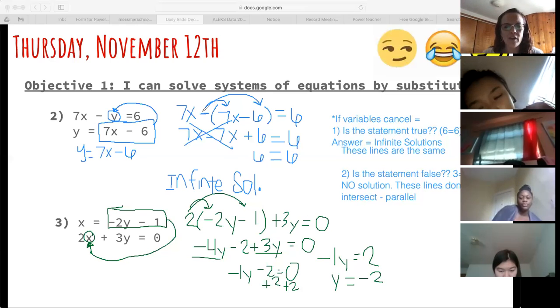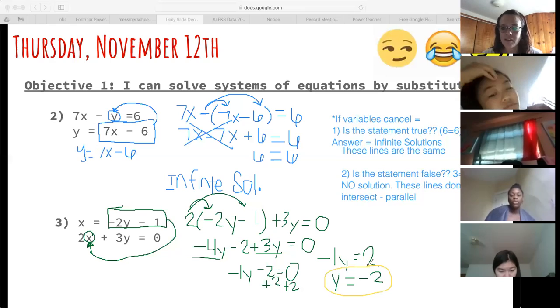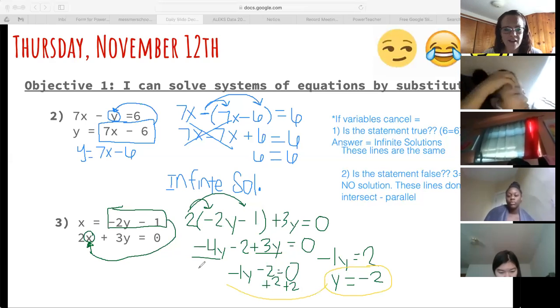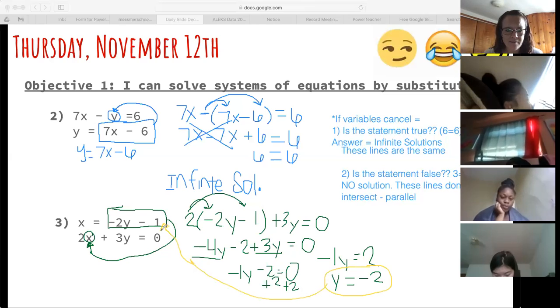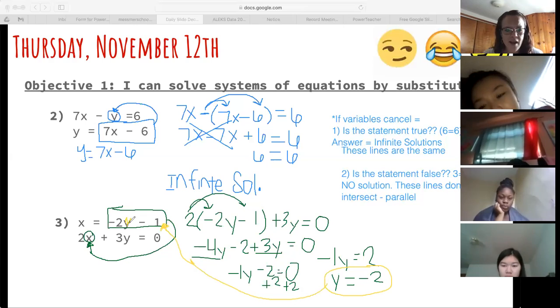Okay, don't forget, we are trying to figure out where do they intersect. So I have to find my x. So here's my y. I'm going to take my y and I always plug it back into where I started with my box because it's already equal. So I'm going to take this y out, and I'm going to put in a -2 in its spot. Just substitute that right in.